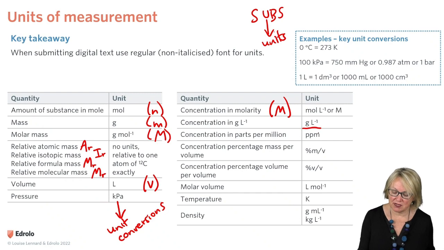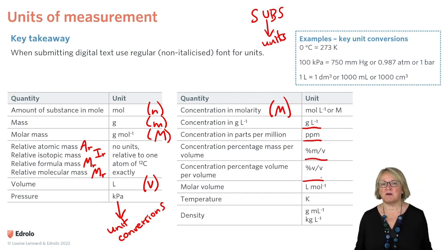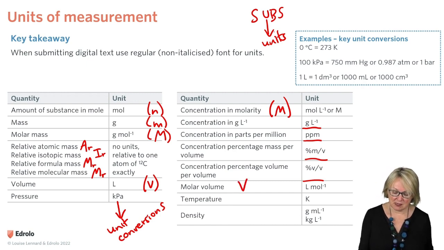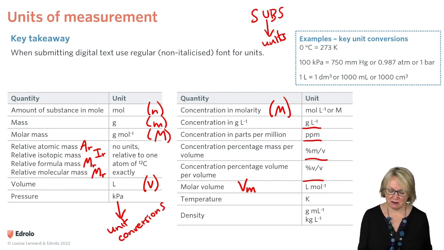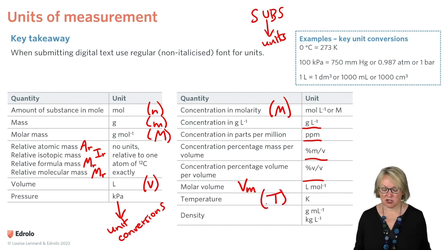It's really important if you use concentration in other units to specify the type of concentration unit so that the reader understands what you're talking about. Molar volume, which is V subscript m, is litres per mole. Temperature, the standard unit is Kelvin, but we do use temperature in degrees Celsius in the laboratory.